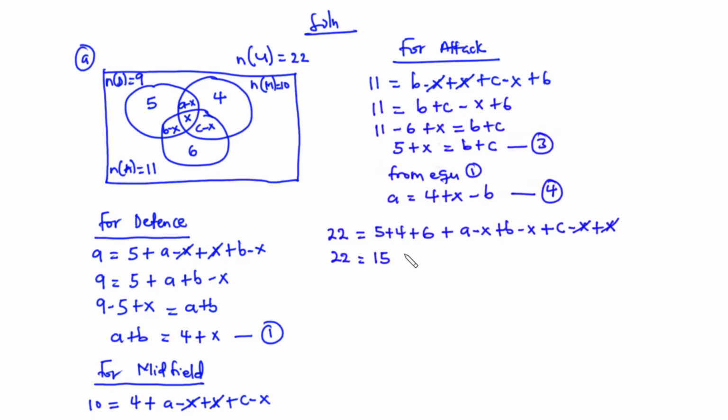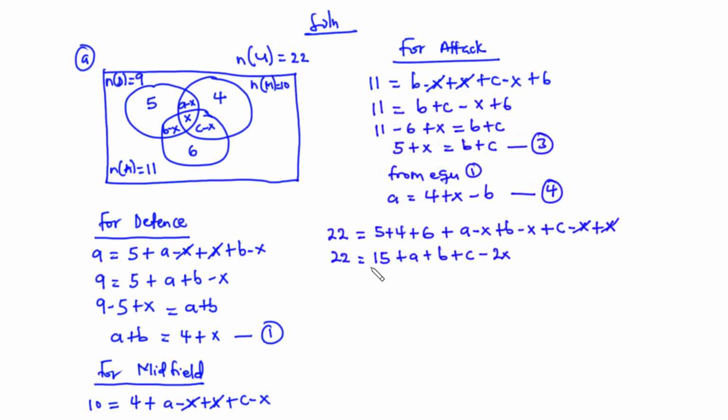So we are left with A plus B plus C, and then negative X minus X is negative 2X. Now let's transpose 15 and negative 2X to the left hand side.